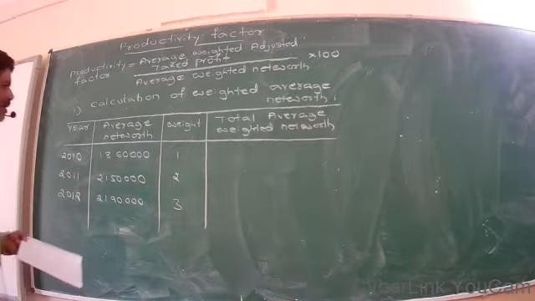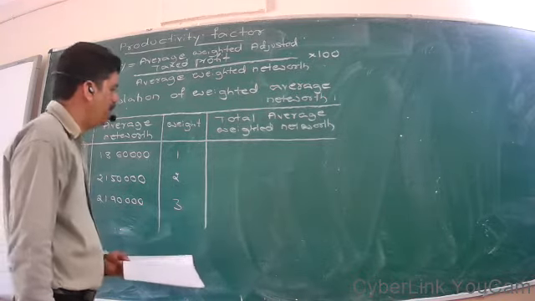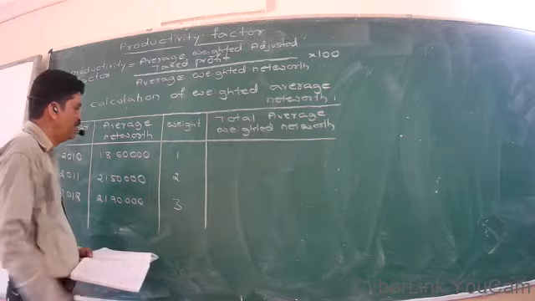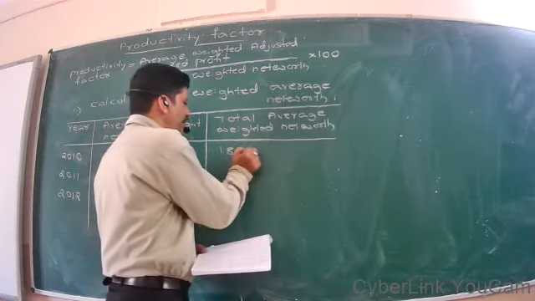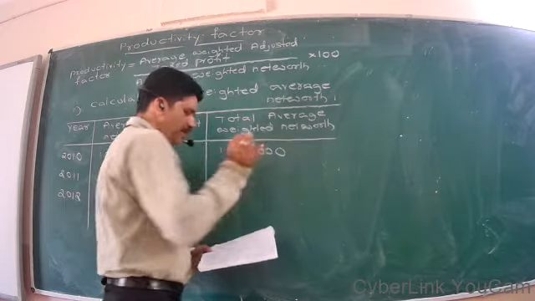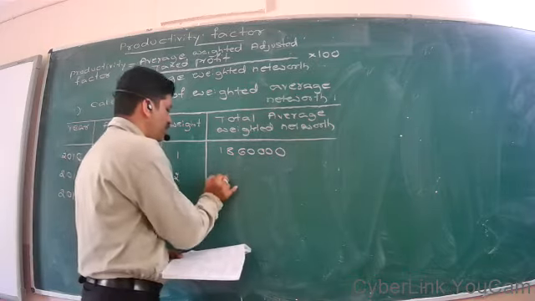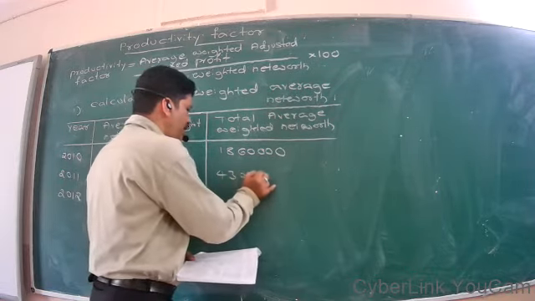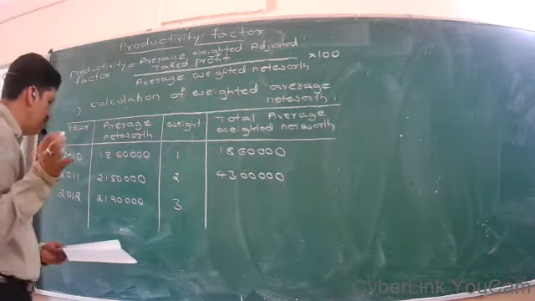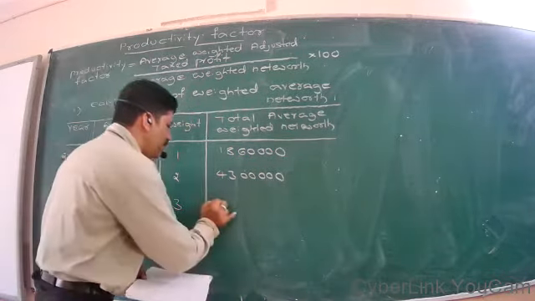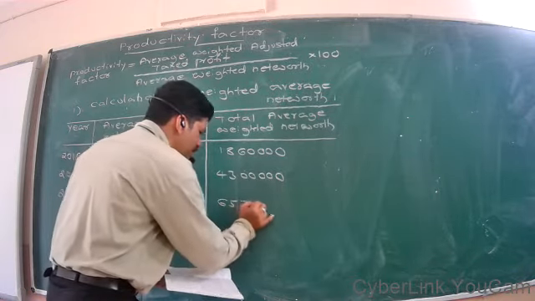Then we'll go with the next aspect, that is the multiplication. So 18 lakh 60,000 into 1 means the same 18 lakh 60,000. Then 21 lakh 50,000 into 2 becomes 43 lakh. Next one is 21 lakh 90,000 into 3, it becomes 65 lakh 70,000.